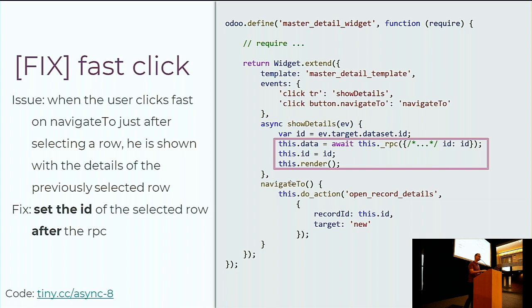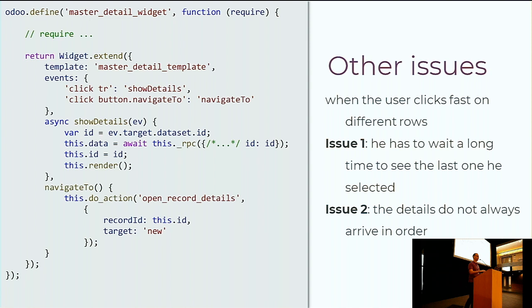So to fix that, what I did is create a local variable ID and use that to do the RPC, and only when the RPC is done, I rendered the template like before, but after the RPC is done, I saved the new ID in the variable this of the widget. I'm going to assume that render is synchronous, so that means that there's nothing that can happen in between the time I set the ID and the render completely happens.